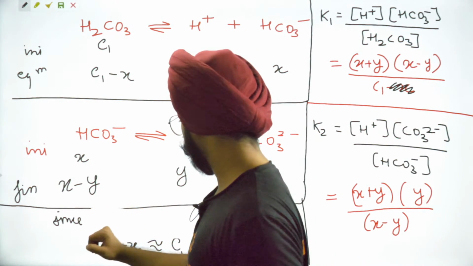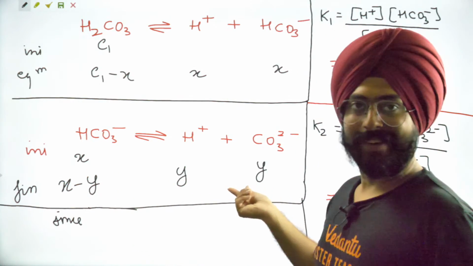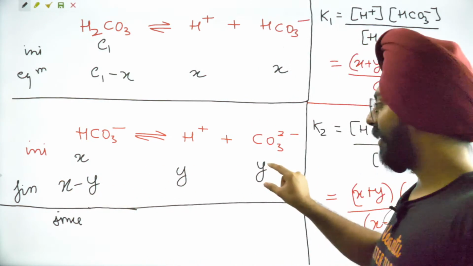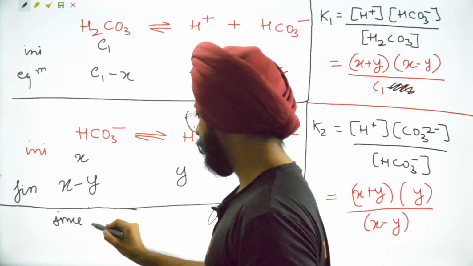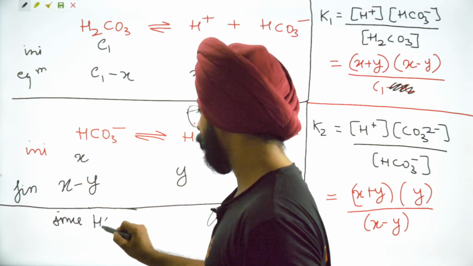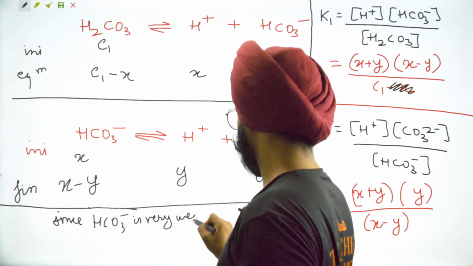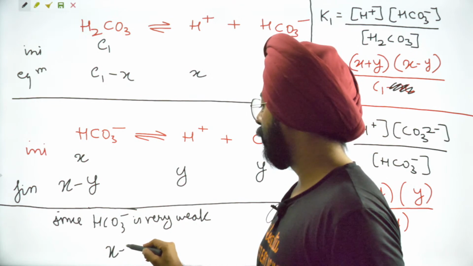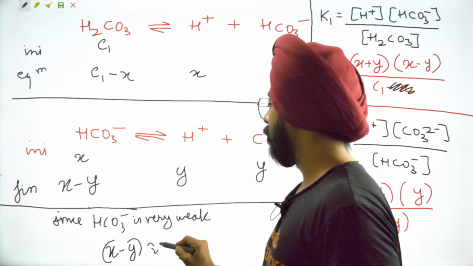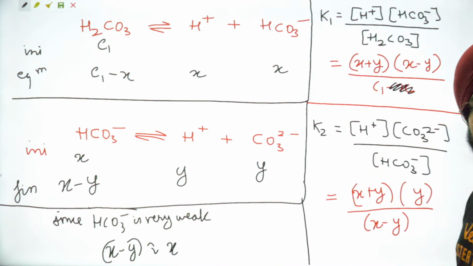Now, my dear friends, let's do the same approximation over here. Okay, correct? Since HCO3 negative is very weak, Y is going to be very less compared to X. I can say X minus Y is as good as X. ठीक है, ये हो गया एक और simplification.